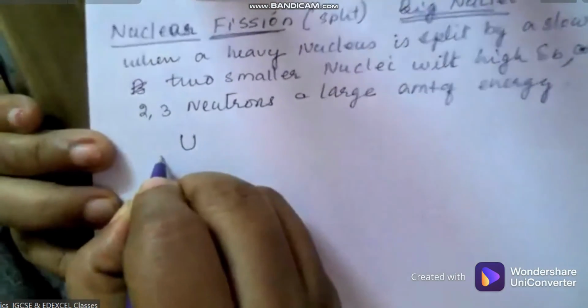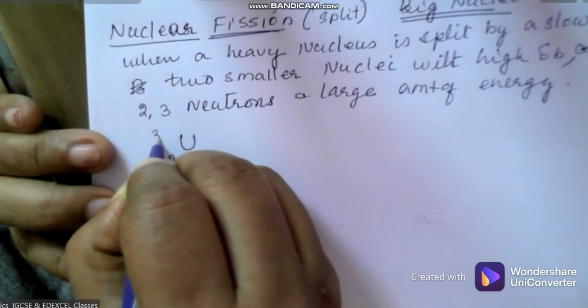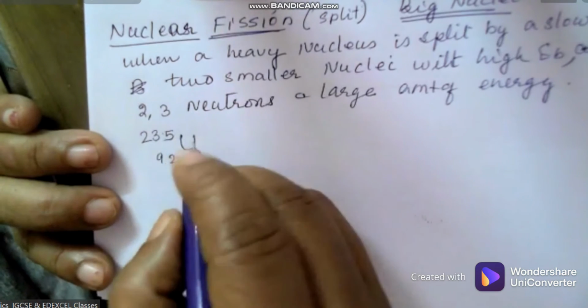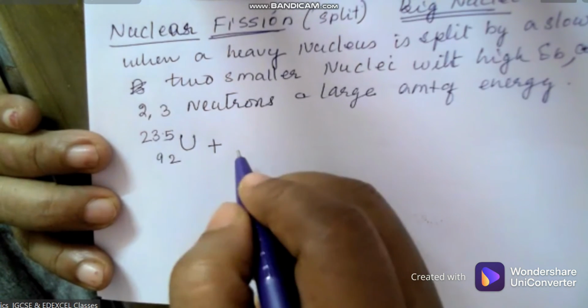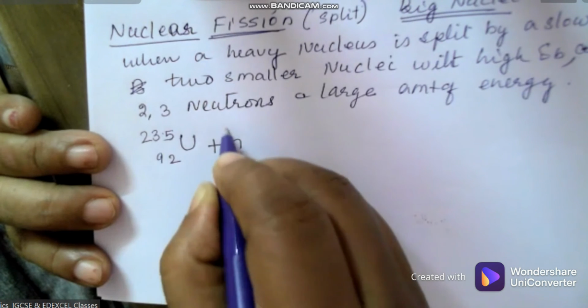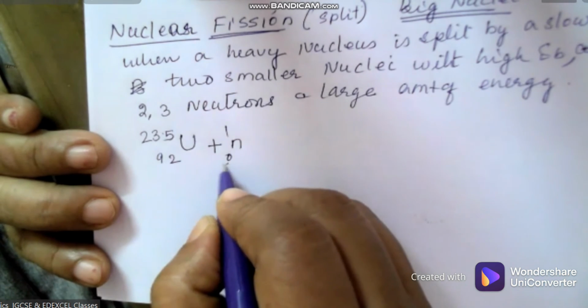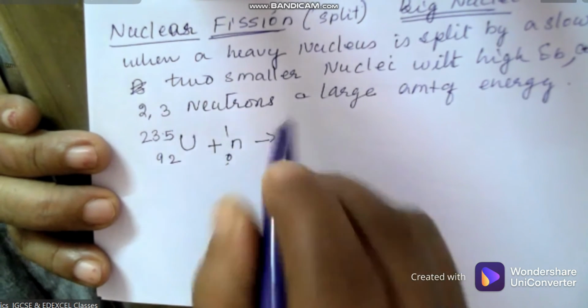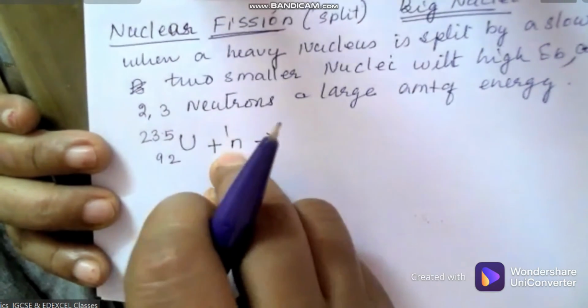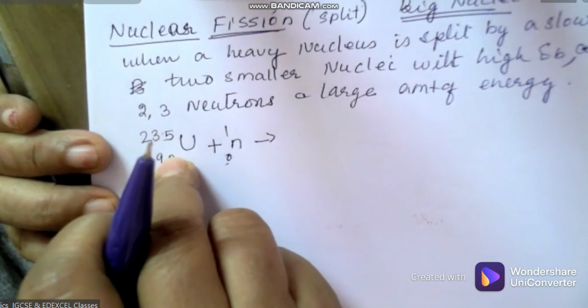uranium 92, 235. This is the fissionable material. You are simply hitting it with a slow neutron. Slow neutron, simply write neutron: no charge, one mass. What initially happens is that this neutron gets inside the nucleus of this one.